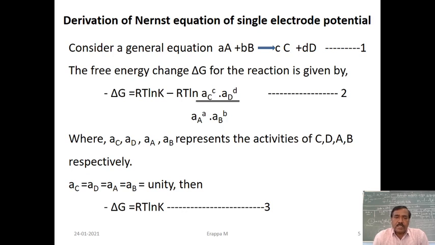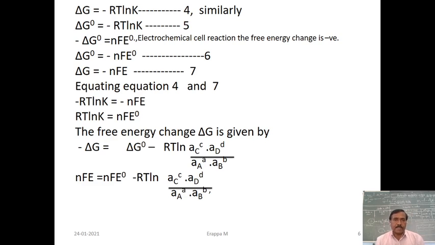Here a_C, a_D, a_A and a_B represent the activities of C, D, A and B respectively. When the activities of C, D, A and B are all unity, then the product term is 1. So minus delta G is equal to RT ln K. This is equation 3.